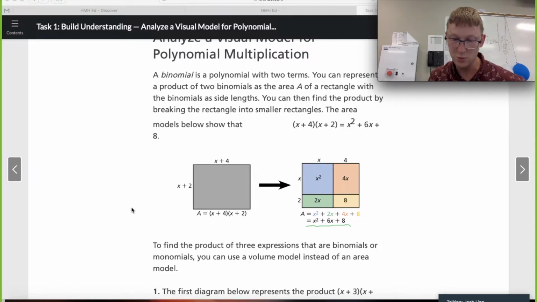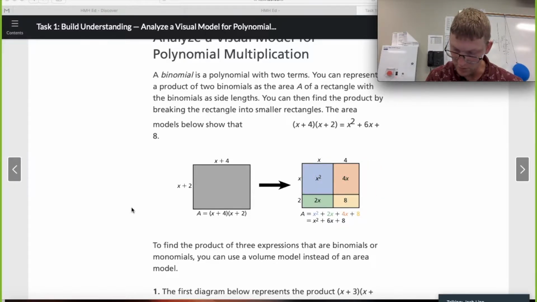A visual proof behind that is you can break up this rectangle into different sections, and then the area of this whole rectangle is just the area of this little rectangle, this one, and this one, all added together.